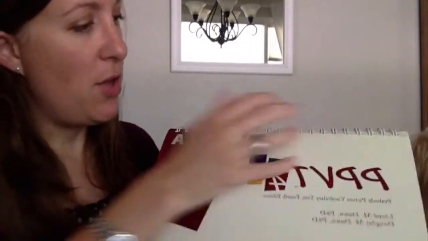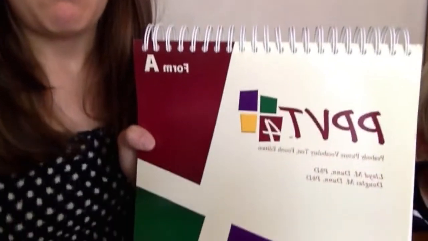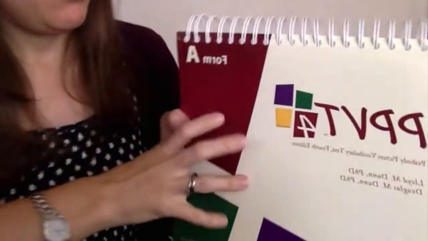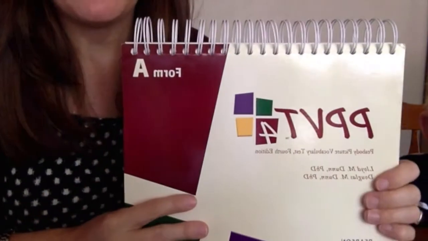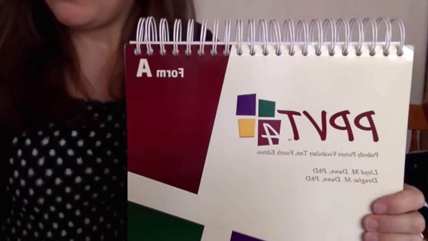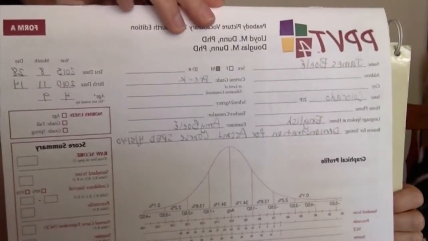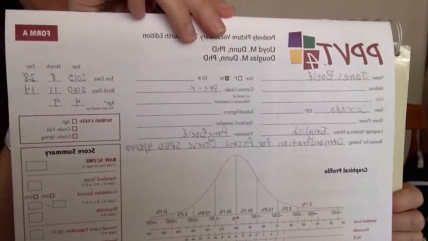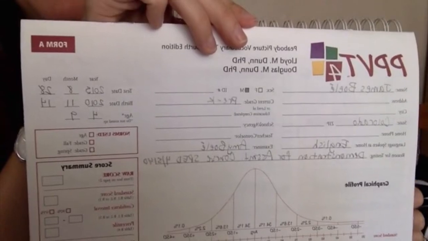All right. So this is the easel that you would use, and I'll try to position my computer so that you can see it. You will also get a scoring protocol, and what I've done already is fill out his name, birth date, and date of testing.